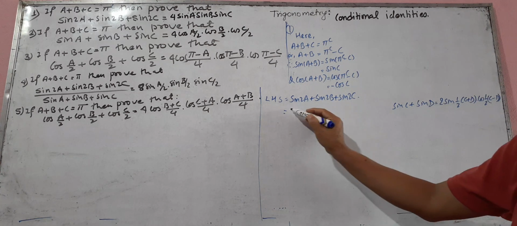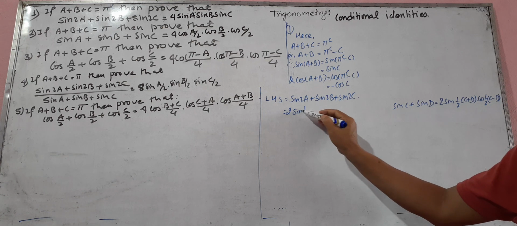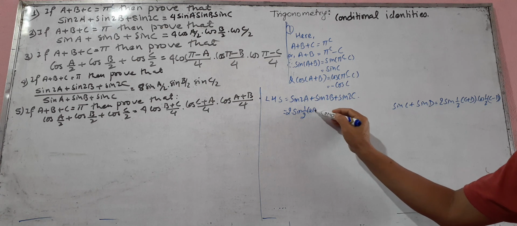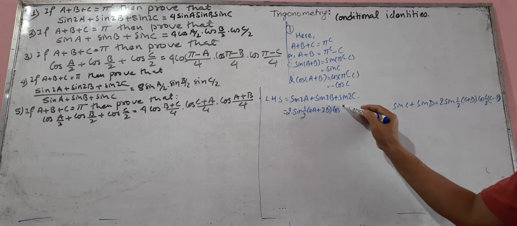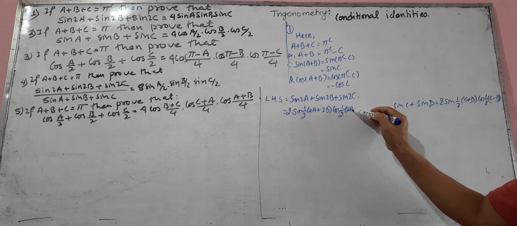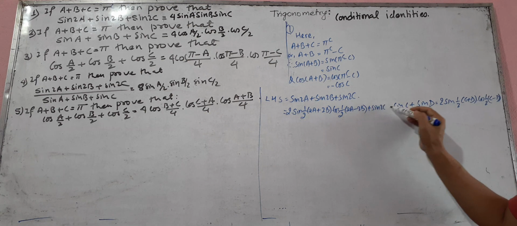Then using that formula we have 2 sine of half of 2a plus 2b times cos of half of 2a minus 2b, plus sine 2c.